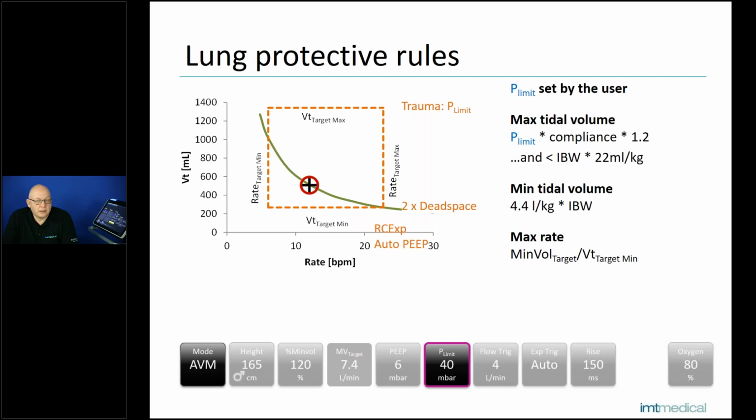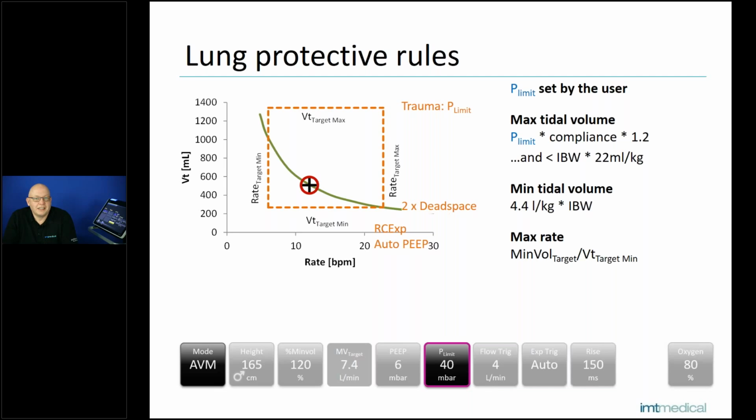The maximum rate is determined by the expiratory time constant. That means the AVM mode is measuring the expiratory time constant: how long does the patient need to exhale? This means that no auto PEEP can be developed under AVM, so the patient is always exhaling what he already received from the ventilator in the inspiration phase.